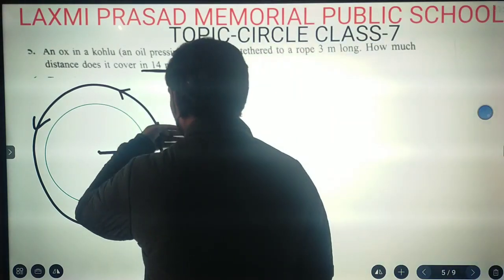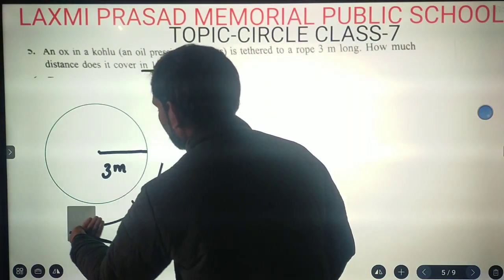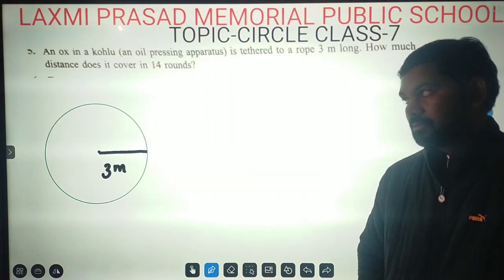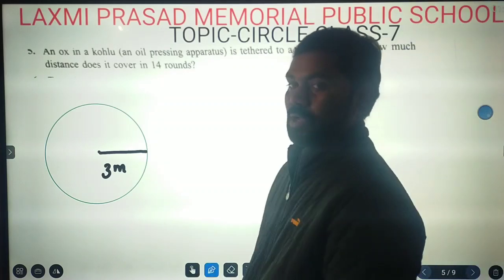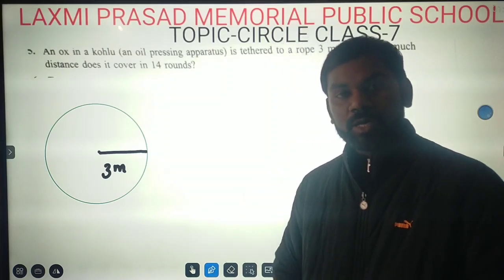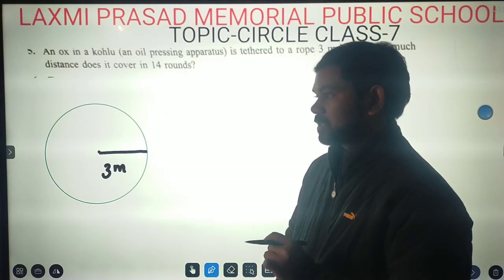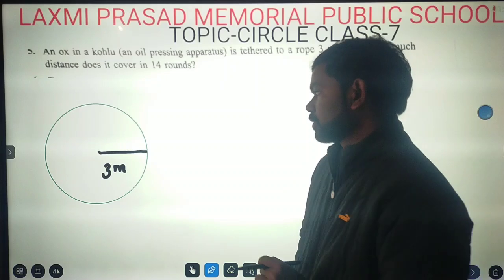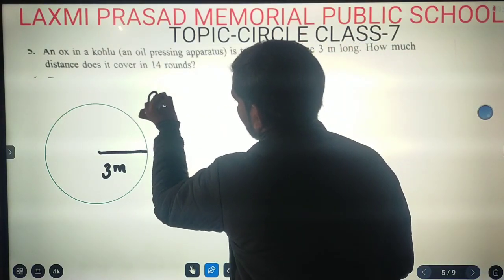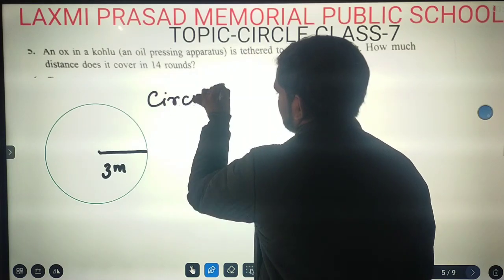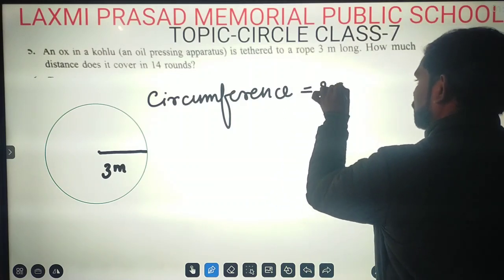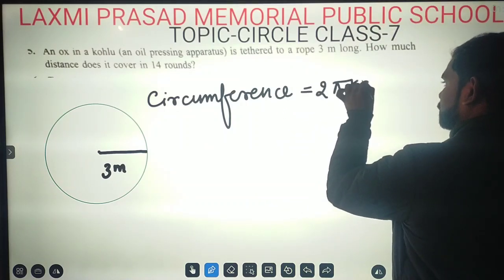As we know, the distance covered in one round is equal to the circumference of the circle. Therefore, first of all, we need to find the circumference of the circular path on which the ox is moving. Circumference is equal to 2 pi r.